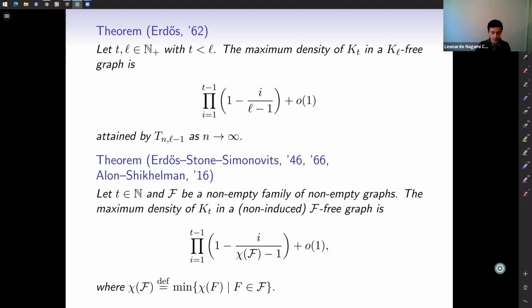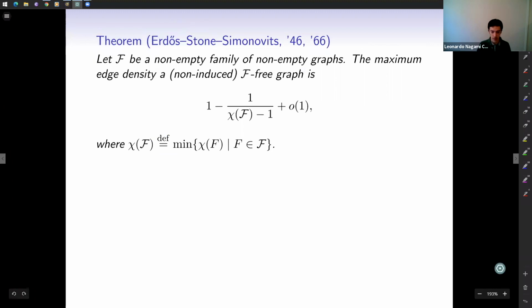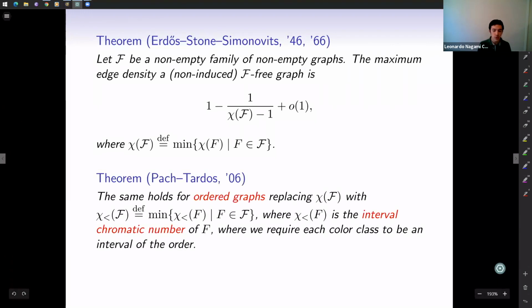Okay, now in a different direction, people more recently have been looking at different types of generalizations of these theorems. So for instance, here's the Erdős–Stone–Simonovits theorem again, so that we have it in mind. For example, Pach and Erdős have observed that this theorem still holds if you consider ordered graphs.